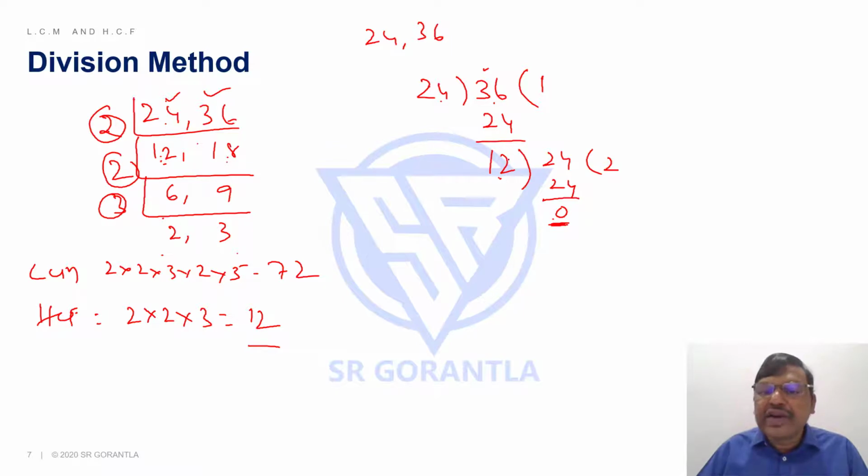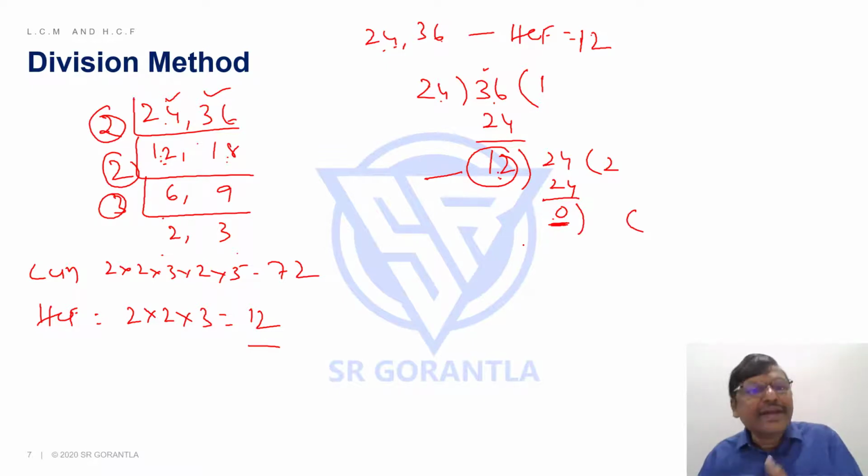Because the remainder is 0 here, this 12 is the common factor of the two numbers, the highest common factor of the two numbers. Suppose it is not remainder 0, if it is something else, with that I try to divide 12. Like this I keep on doing till I get remainder 0. Is that fine? Let me show you one more example.